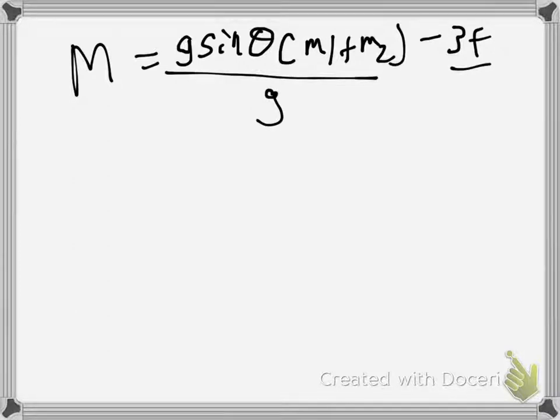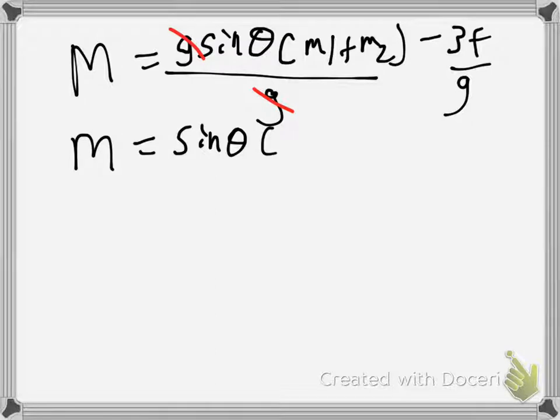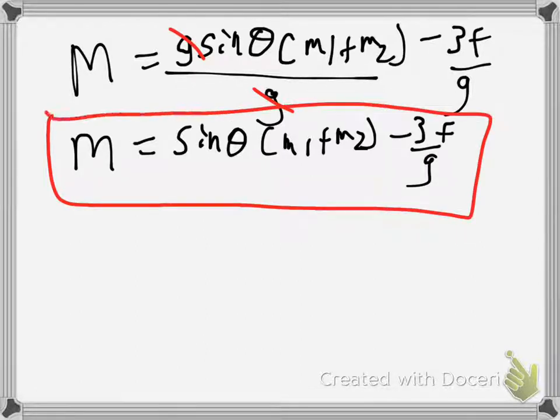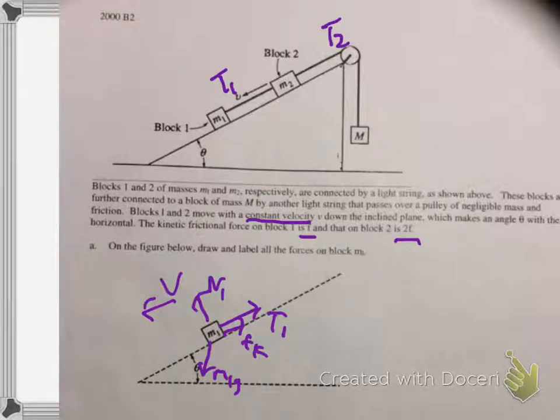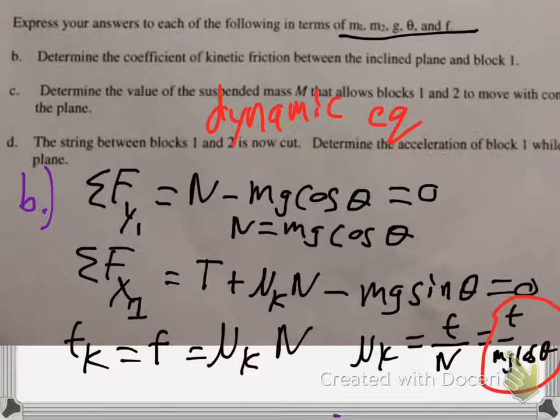And then we have this over G, and this is also over G. So in order to simplify this as best you can, you get minus 3F over G. So that is the value of M, which is the big block here, that would allow the blocks 1 and 2 to move with a constant velocity down the plane.